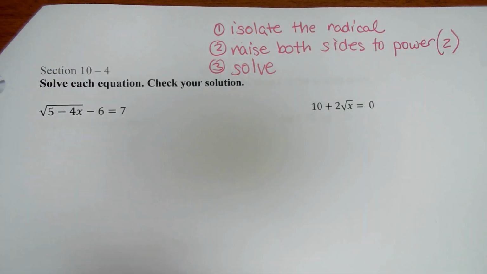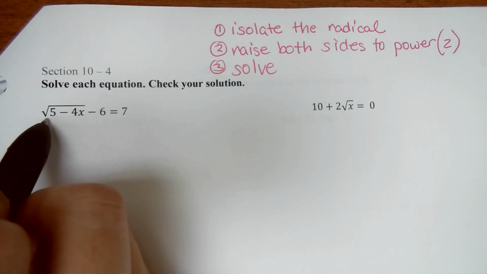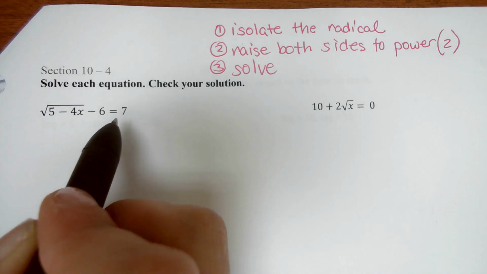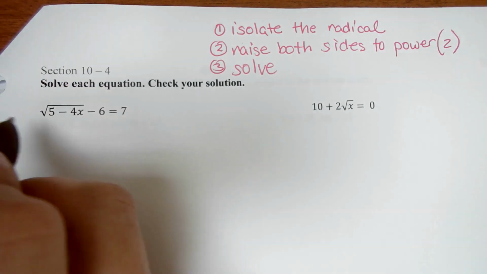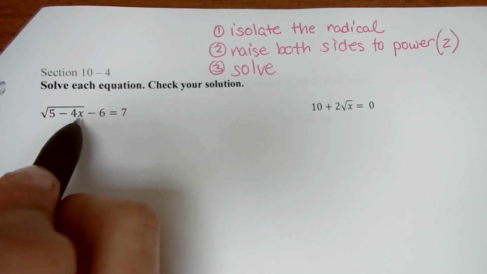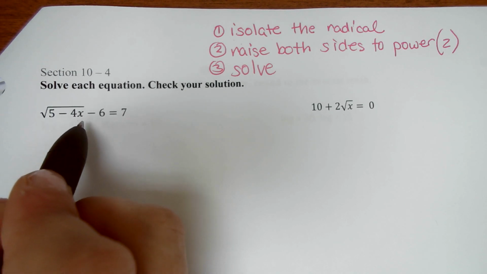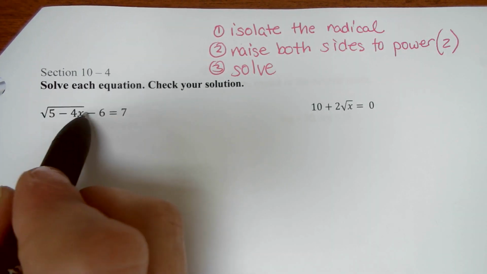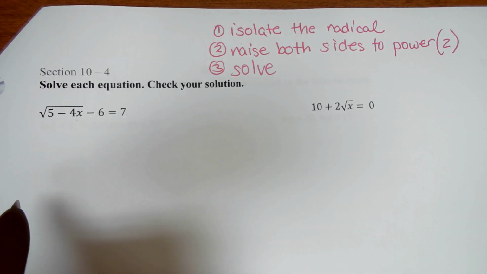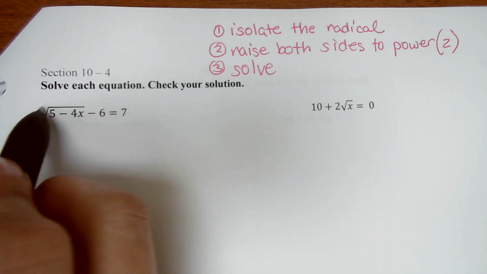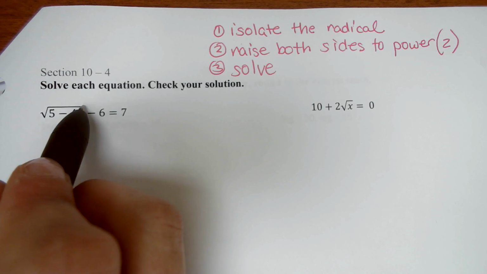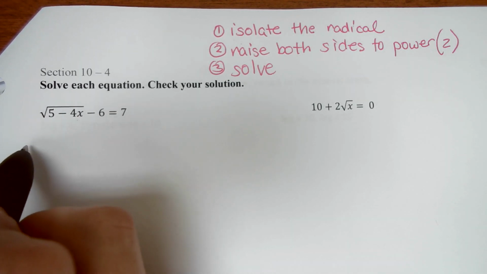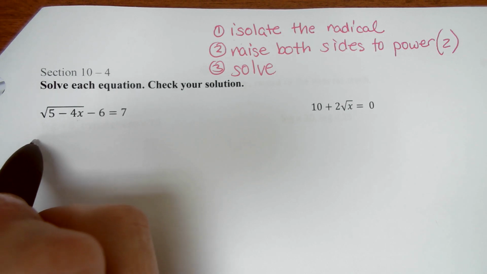So let's look at this first example. The square root of 5 minus 4x, minus 6 equals 7. So I want to get the x alone by the very end. But to do that, I need to break into this radical and get everything else out of the way. The radical is kind of acting like a cage right now around these terms, so I've got to move away everything surrounding it.